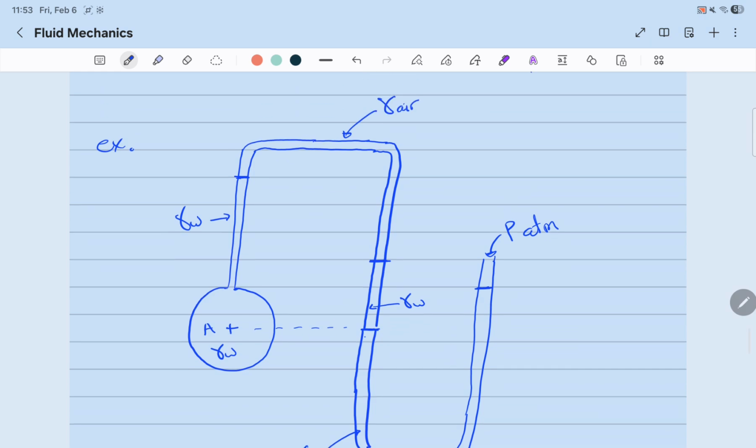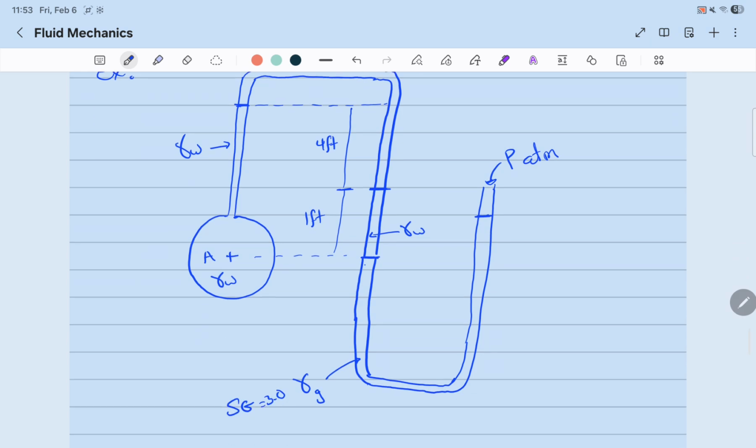So the height from the center line to this point, where air ends and water starts, is 1 foot. From this point up until this point, it's 4 feet.